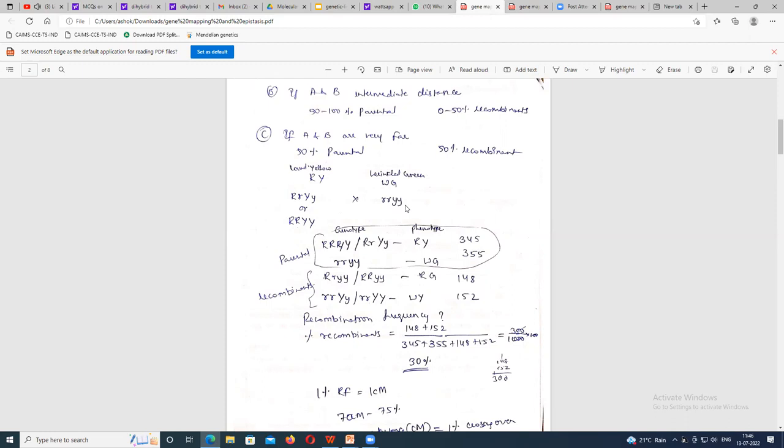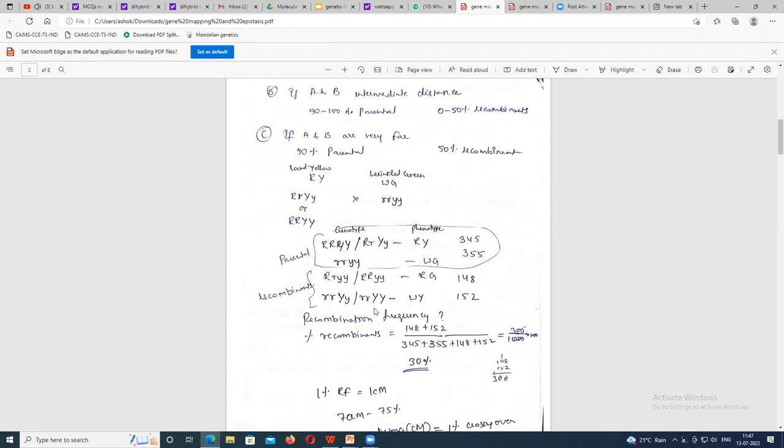When we are making a cross between the F1 hybrid and the recessive parent, it is a test cross. And when we are making a cross between the F1 hybrid and any of the parents, it is a back cross. If any of the parent is involved in this cross, then it is called a back cross. If we are taking only the recessive parent, then it is called a test cross. You should be clear with these concepts.